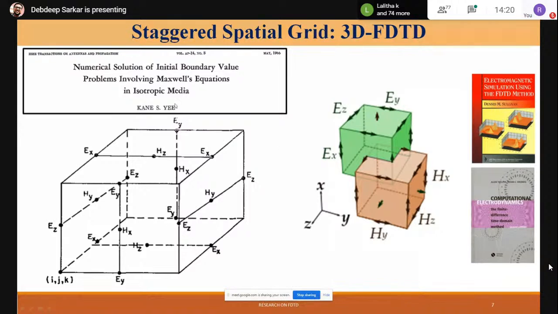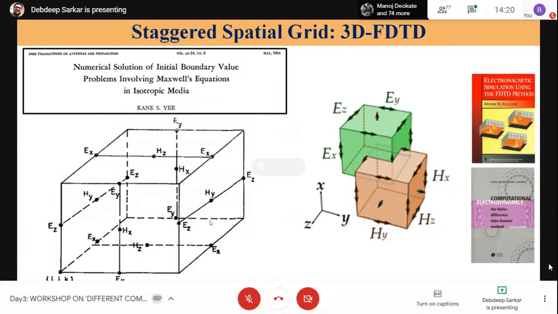If you look back again at that 1966 paper I showed yesterday, you will find how Kane Yee had this visualization of the various field components. Reiterating my discussion from yesterday, you are not going to have your electric field and magnetic field components at the same location. You can easily see why.